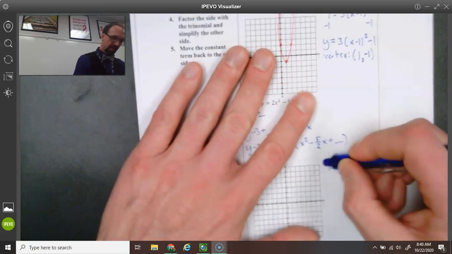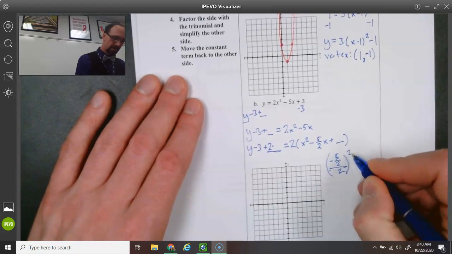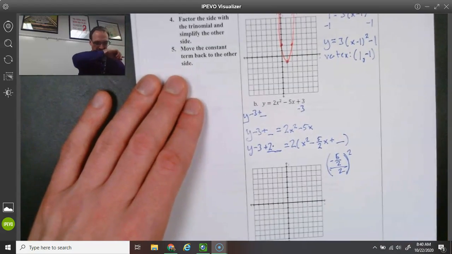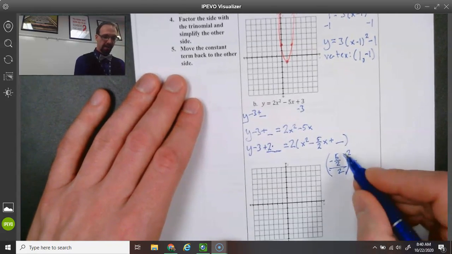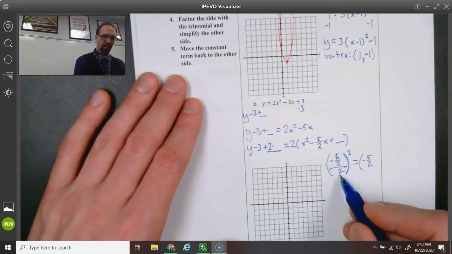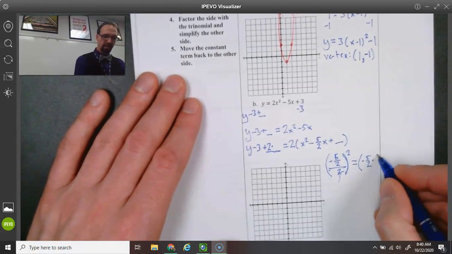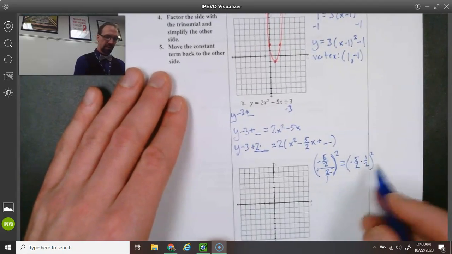Didn't make my parentheses big enough. And then square. Excuse me. Half of 5 halves. I'm going to go through and show this, just because sometimes there's some confusion. Remember, this is 2 over 1, so we're multiplying by the reciprocal. So we have that multiplied times 1/2.